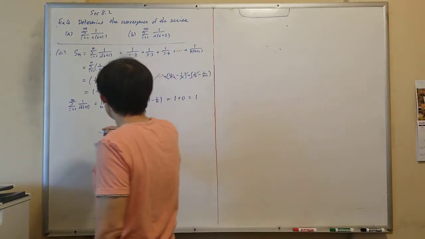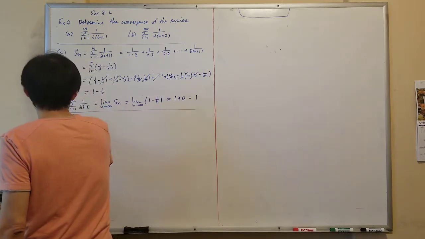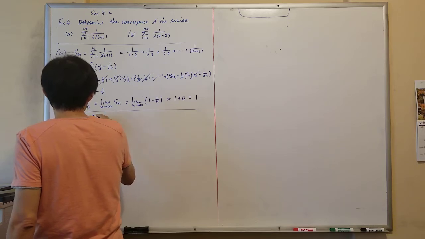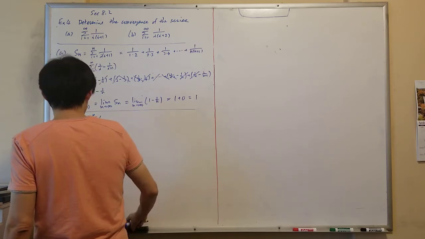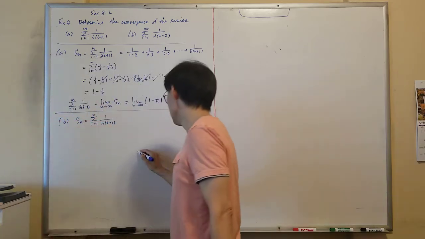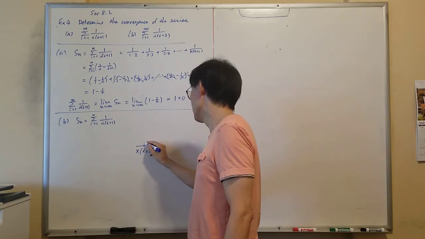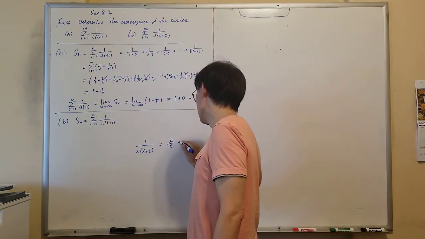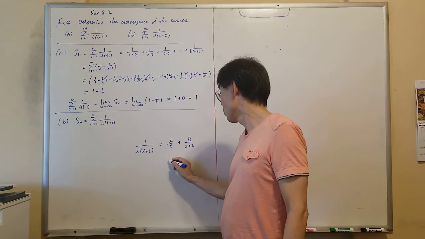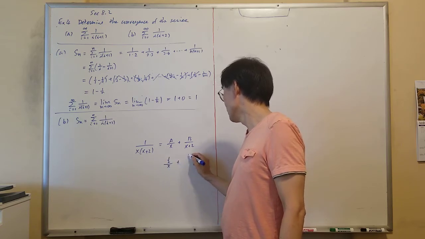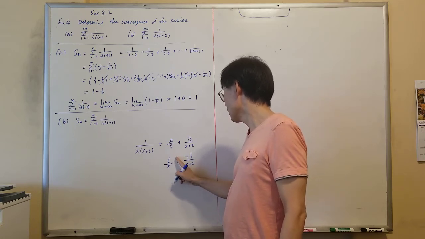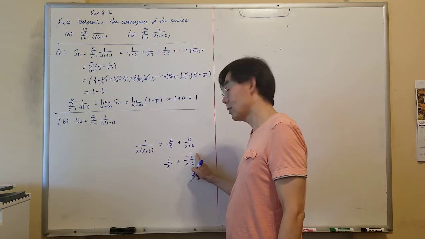The next one, now, your Sn is the sum from I equals 1 through n of 1 over I times I plus 2. Again, if you do this, you'll find that A equals 1/2, B equals -1/2. You can check it: 1/2 times x plus 2 will be 1/2 x plus 1 minus 1/2 of x.